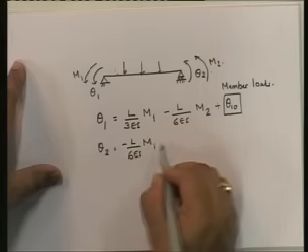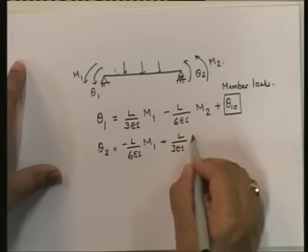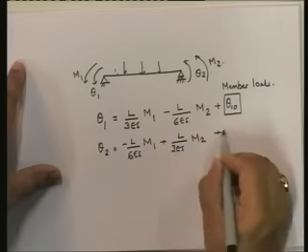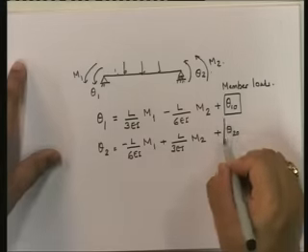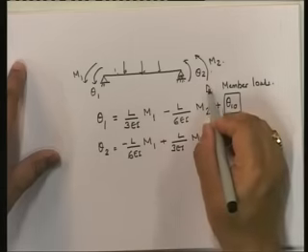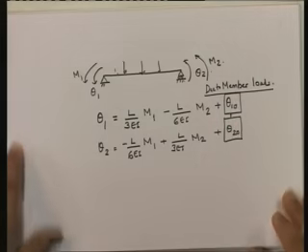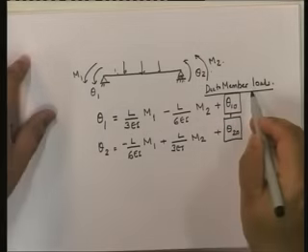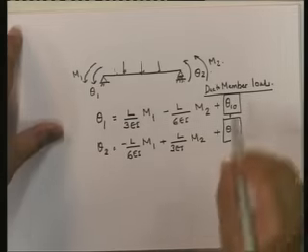minus... both of these are due to member loads. Okay. If there are no member loads, then these two are 0. So, this we have already seen.